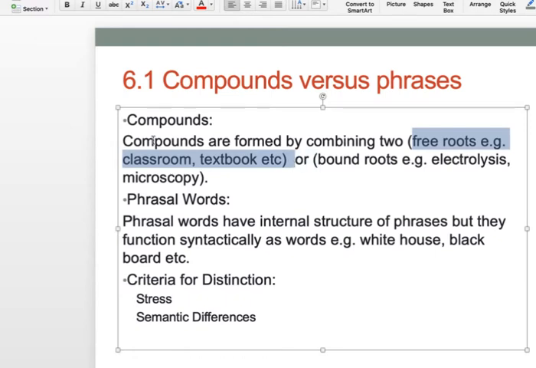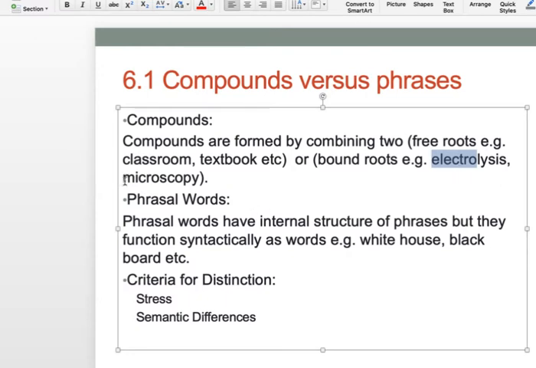Compounds are also formed by combining two bound roots. For example, electrolysis. In electrolysis, electro cannot stand alone, lysis cannot stand alone. But when they come together, because they are roots, remember, lysis is not a suffix, it's a root, electrolysis. So here we have two roots and both the roots are bound.